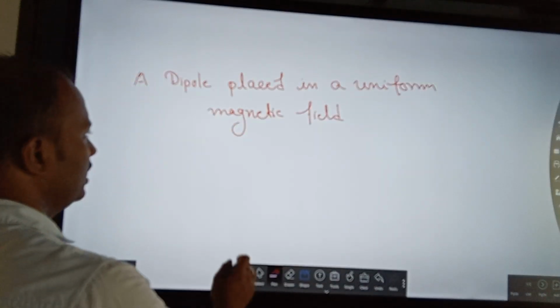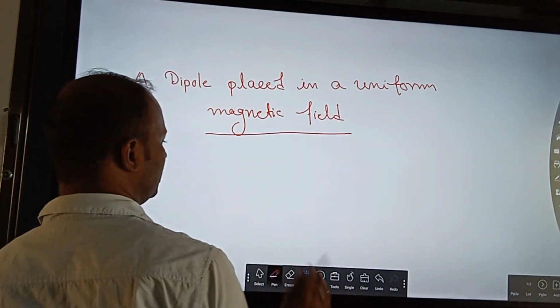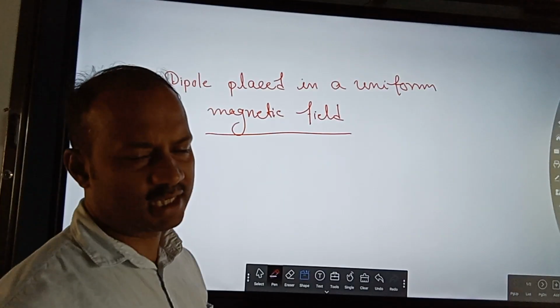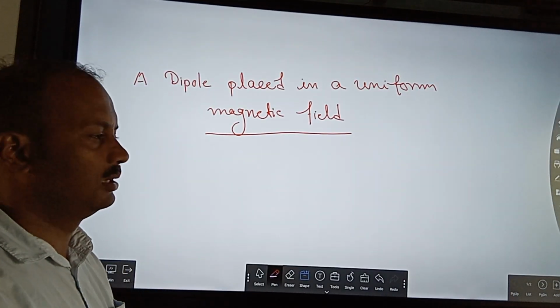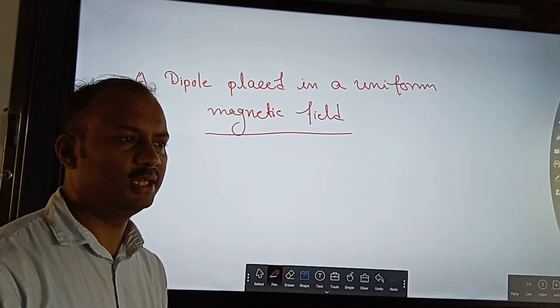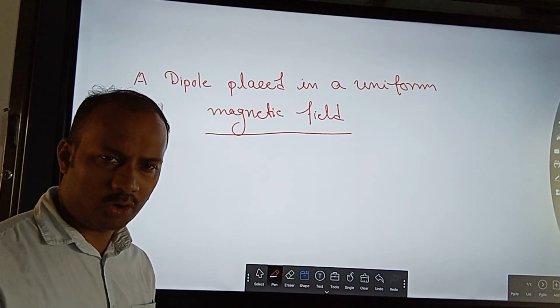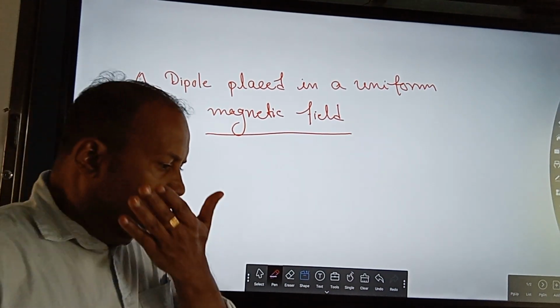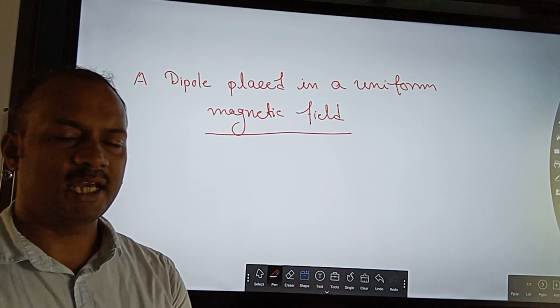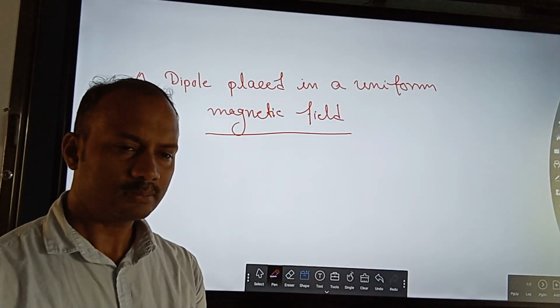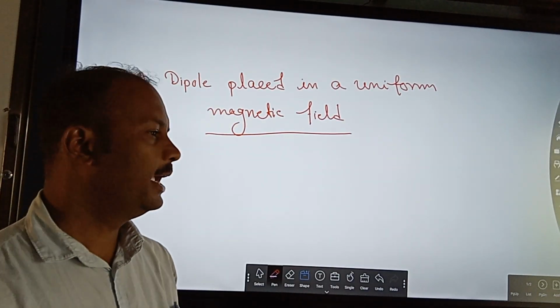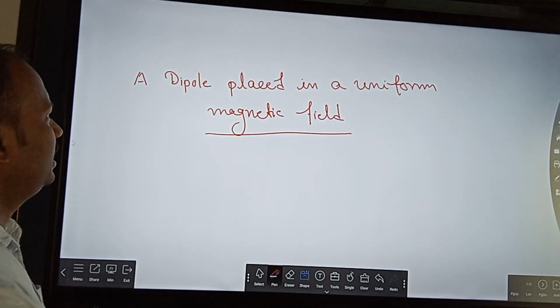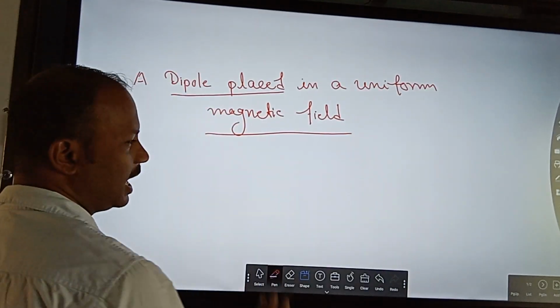First, the magnetic field. What is the magnetic field? When a charged particle is moving, then definitely it forms a magnetic field. And next, a dipole.